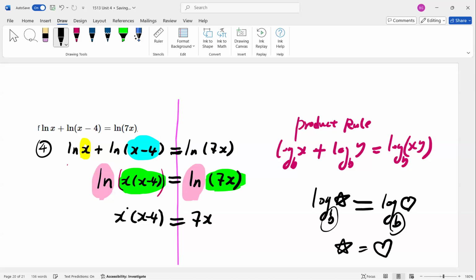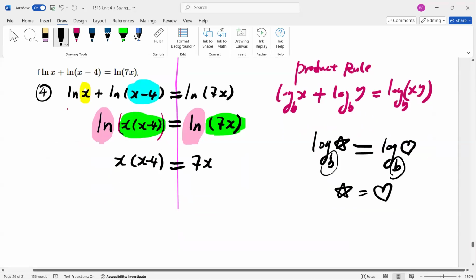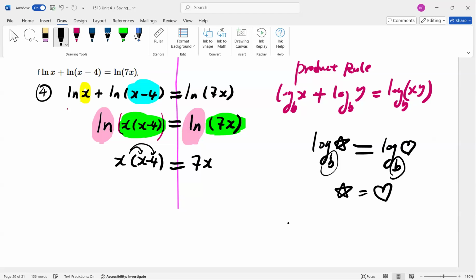Oh, we're going to have a quadratic equation. Yeah, we are solving an exponential logarithmic equation, but after we remove the structure, it becomes a linear or quadratic, sometimes radical, equation. We have to deal with that. Distribute: x times x is x squared, x times negative 4 is negative 4x, equals 7x.